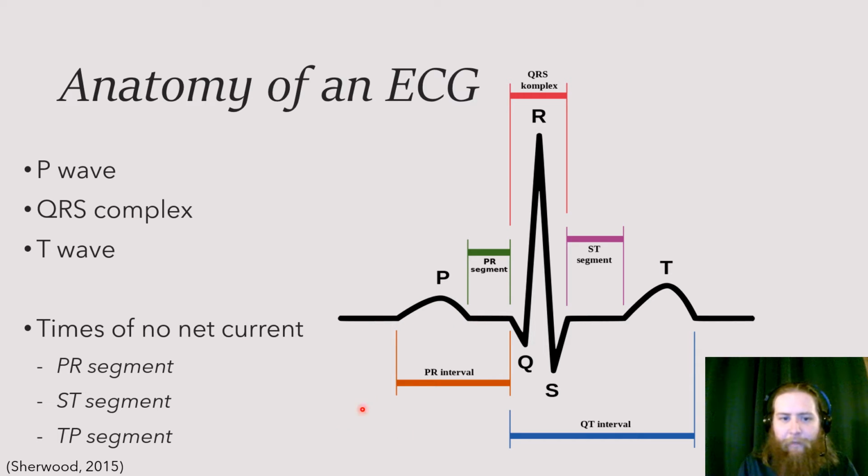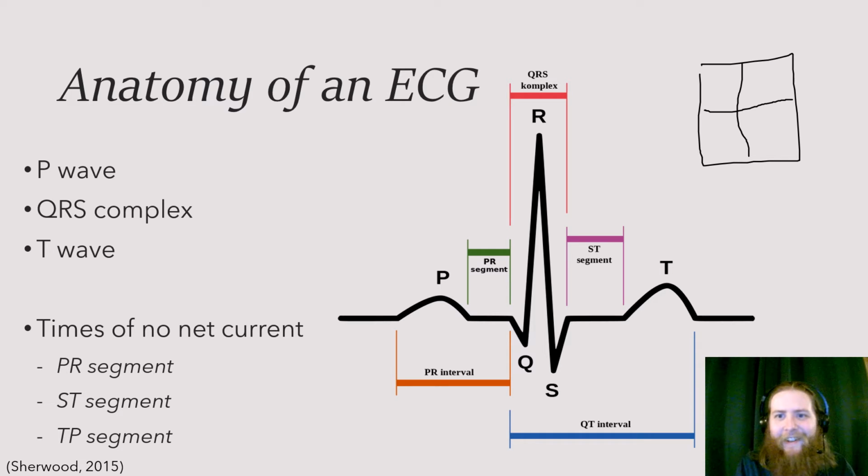Well, when the heart is going about and it's got its nice 4 chambers, those 4 chambers are going to work together to pump blood. So if I draw this little box of the heart up here, we have the left ventricle, the left atria, the right atria, and the right ventricle.